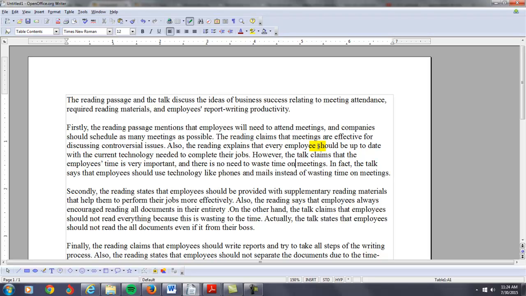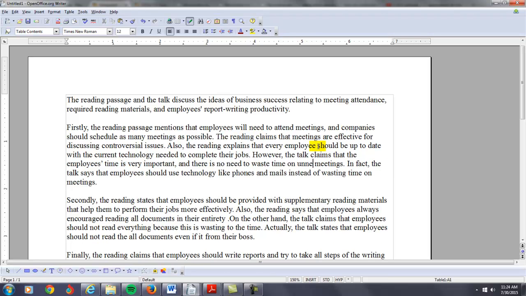There's no need to waste time on unnecessarily long meetings. So I don't think it's saying don't go to any meetings, but it's saying don't go to really long meetings, or limit the number of meetings that you should attend.